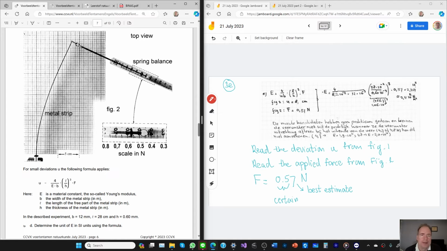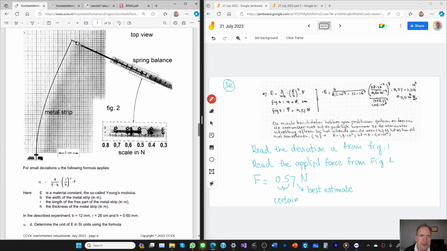And again, here you see the scale. So again, what are the digits that are certain? Well, it's for sure between 0.5 and 0.6, less than 0.5. So the 5 here is certain. And then it becomes already estimating.